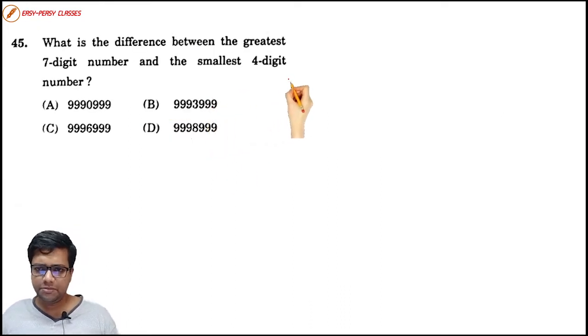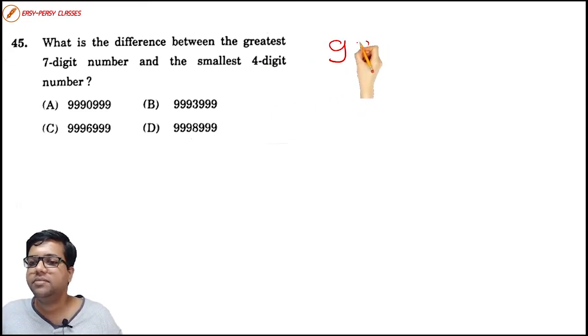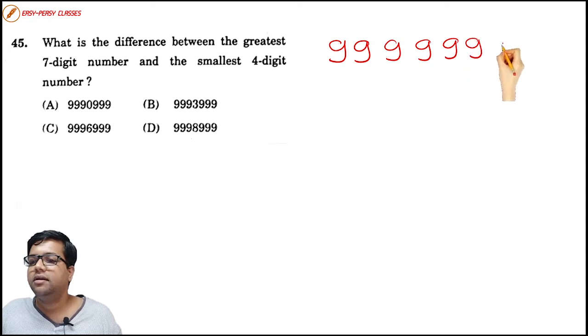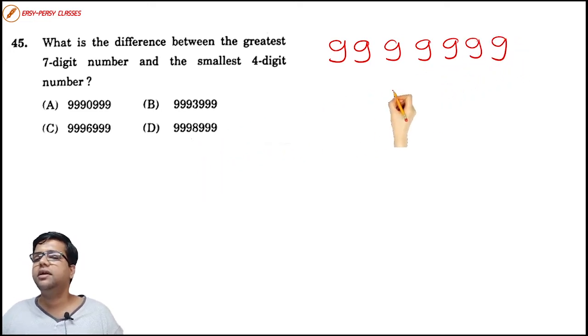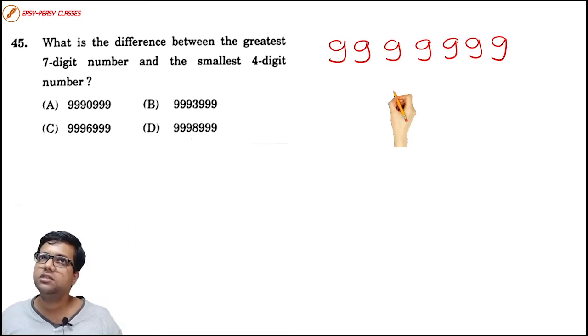So what is the difference between the greatest 7-digit number and smallest 4-digit number? Greatest 7-digit number means again the same thing, 9, 9, 9, 9, 9, 9, 9. This is the greatest 7-digit number and smallest 4-digit number. So what can be the smallest 4-digit number?